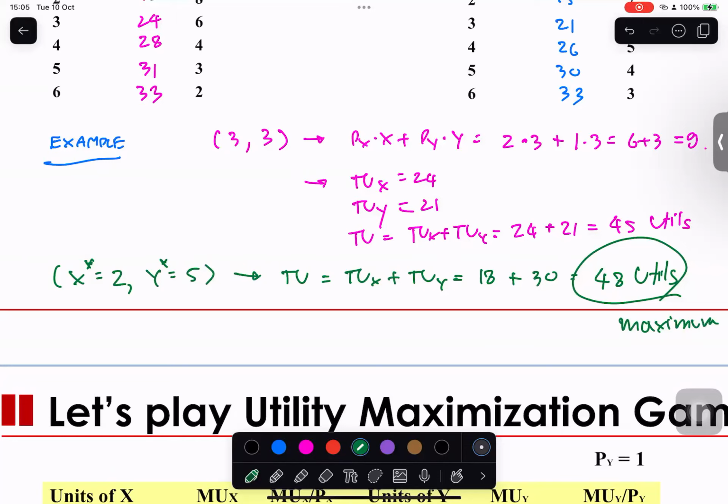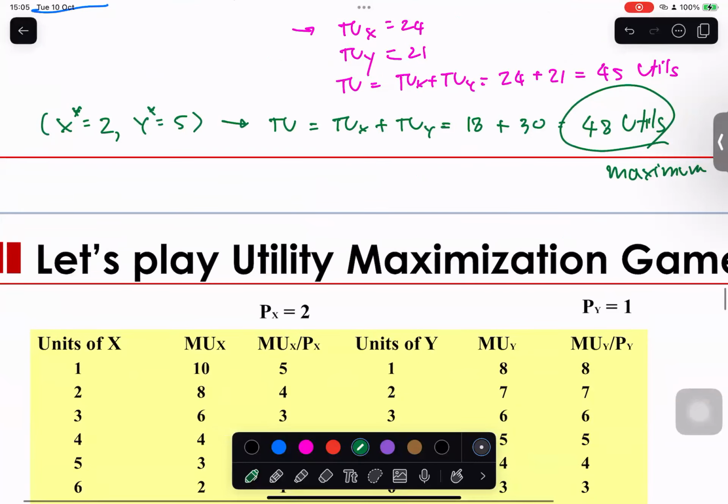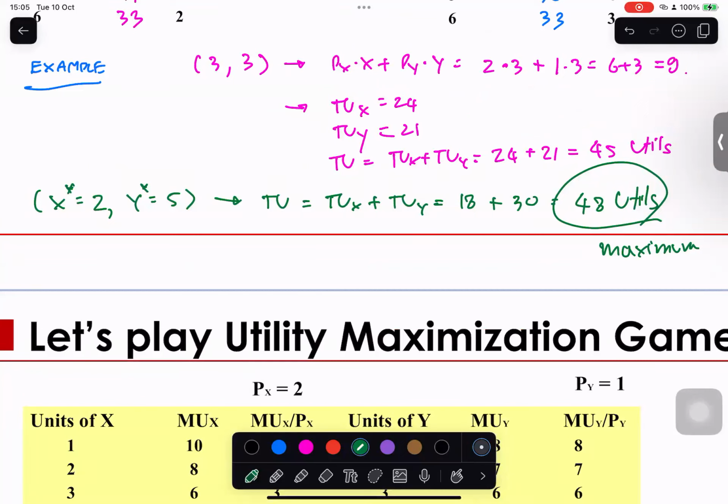So we can use a trial and error approach to come up with this answer. But the approach that I'm going to offer you is another one. Just put the solution first.